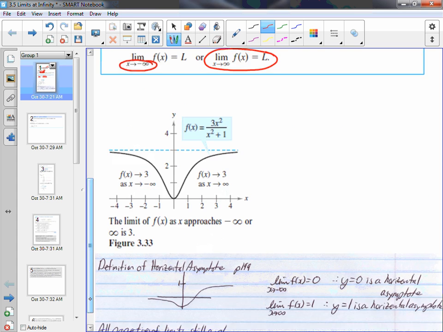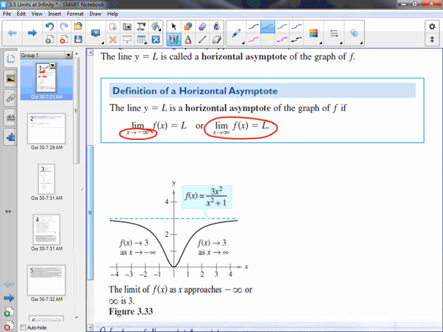So, in this graph right here, as x approaches infinity, y approaches that horizontal line. As x approaches negative infinity, y approaches that same horizontal line. Now, that horizontal line in both cases is the horizontal line y equals 3.